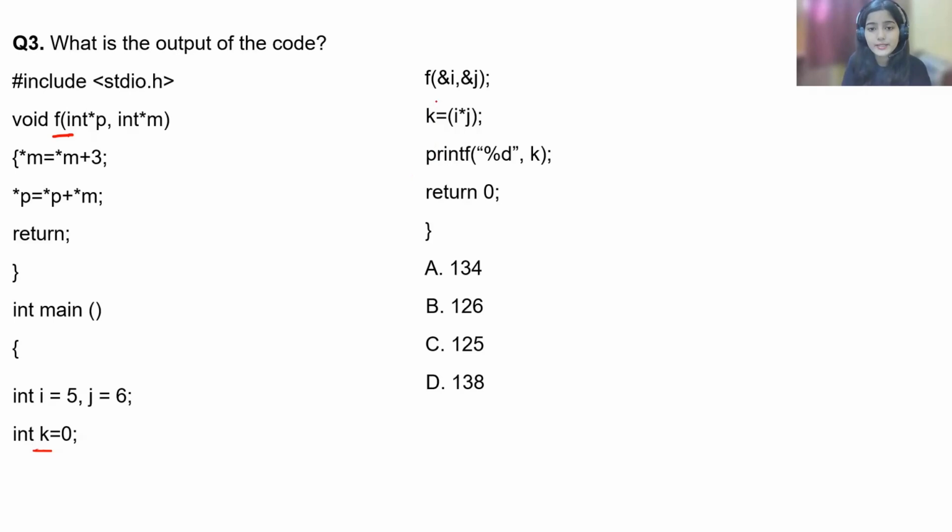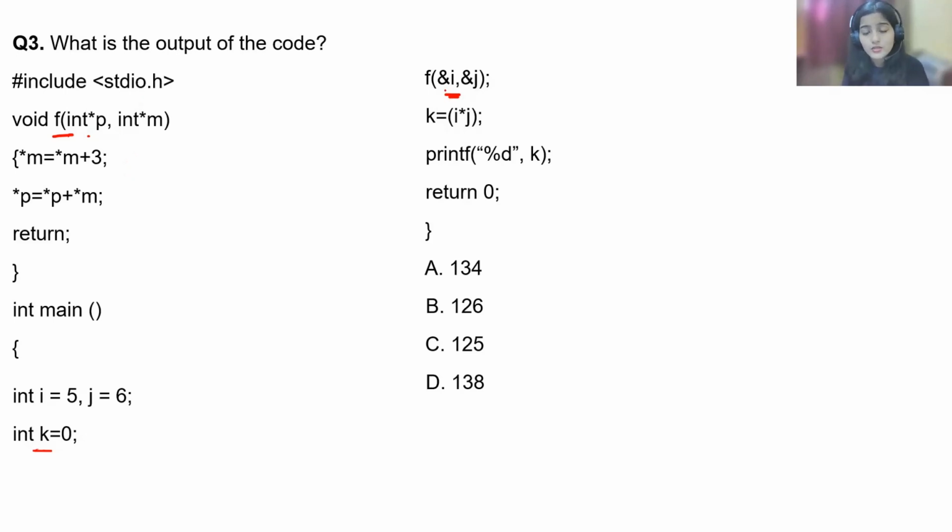So what you are doing is, these i and j are your actual parameters, and you are passing the address of these actual parameters to the formal parameters. Well, what are formal parameters? The parameters or arguments in the called function are known as formal parameters.